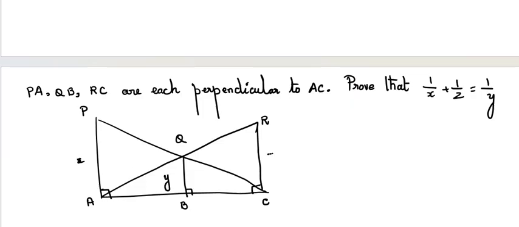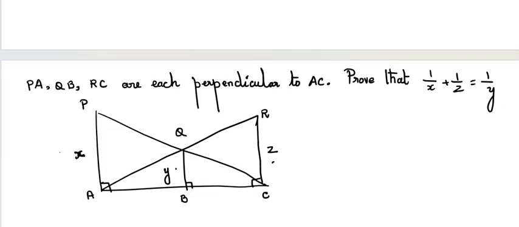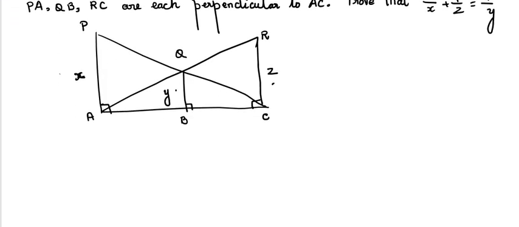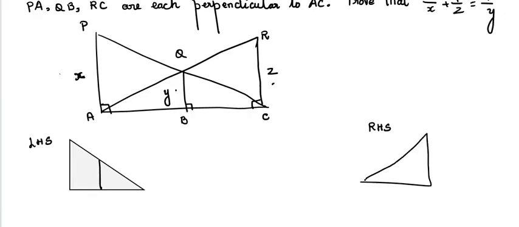So remember the pattern: 1 by x and 1 by z will be equal to the middle person, 1 by y. Very simple. Let me explain, then you can write. I'm going to draw 2 figures, LHS and RHS, with right angled triangles drawn like this and RHS this way.